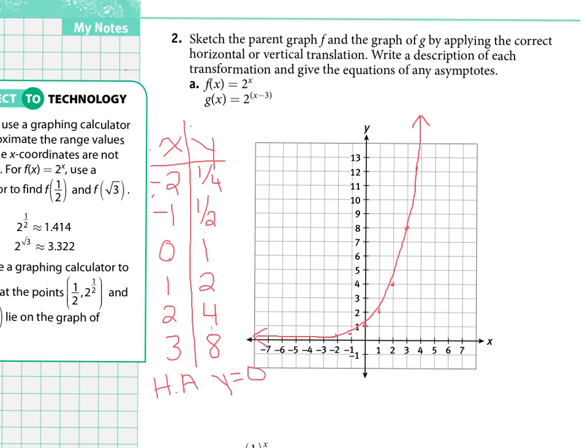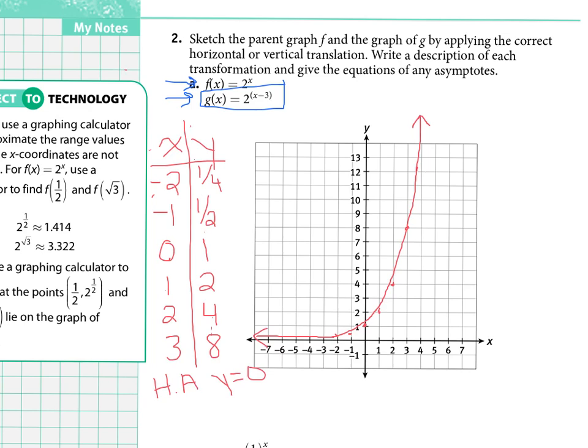Now let's take a look at this transformed function, 2 to the x minus 3. Take a moment and put both of these in your graphing calculator. Put 2 to the x in y1 and put 2 to the x minus 3 in y2 and see what happens with the graph.